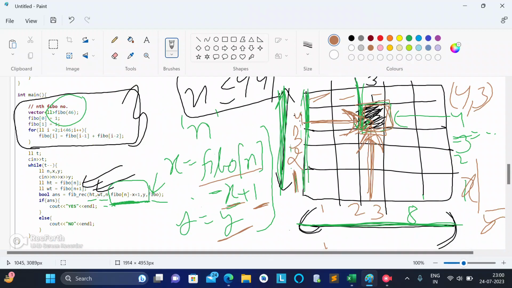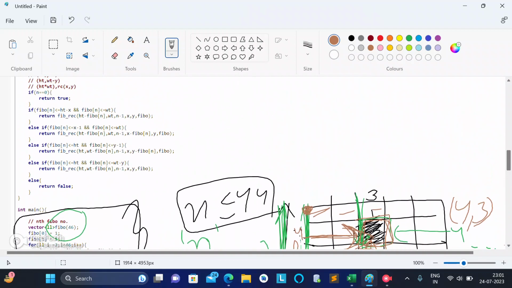When I send 4 cross 3, I mean that I am passing the coordinates considering 1 cross 1 at the bottom. The question gave xy considering 1 comma 1 at the top. Now I am considering 1 comma 1 at the bottom. Accordingly I have changed my x and y coordinates.